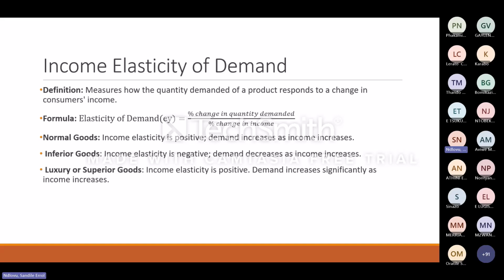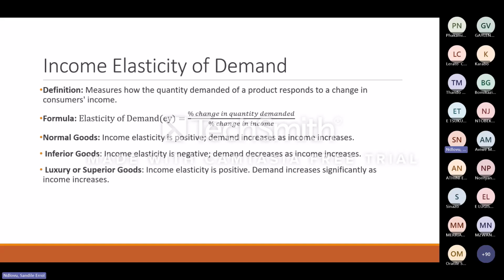Hence, that's why we say that the income elasticity is positive for normal goods, because the more money you have, the more you'll spend in general on normal goods and services. And the income elasticity is negative for inferior goods because as your income increases, you'll start looking down on inferior goods.